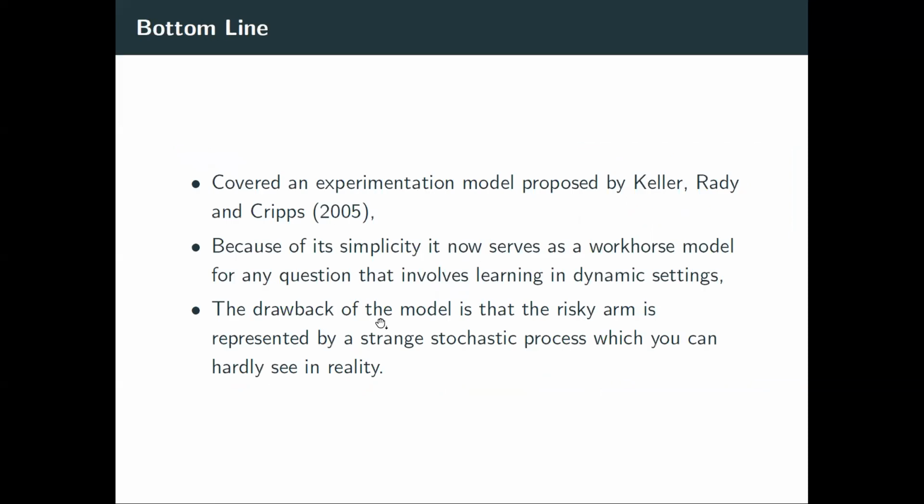So that's it for today. We covered this tractable model of experimentation, and now it's actually a workhorse model of experimentation. When you want to model some kind of learning in your model, and also add some other features, you need an easy model of learning. And this model is considered to be a very easy model of learning.